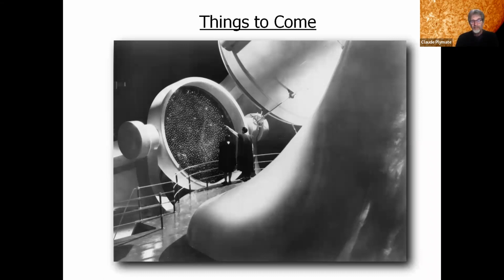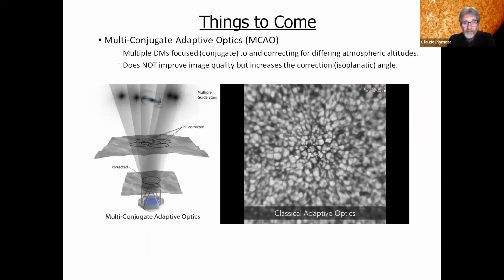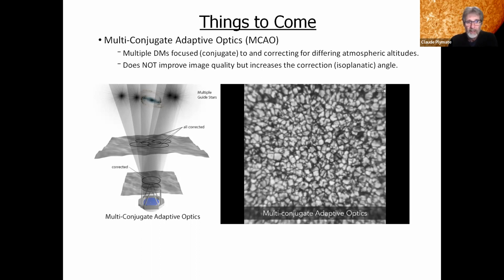So finally, what's coming in the future? Where are we and what's the cutting edge here? Well, now we're moving beyond what is called classic adaptive optics onto something called multi-conjugate adaptive optics.